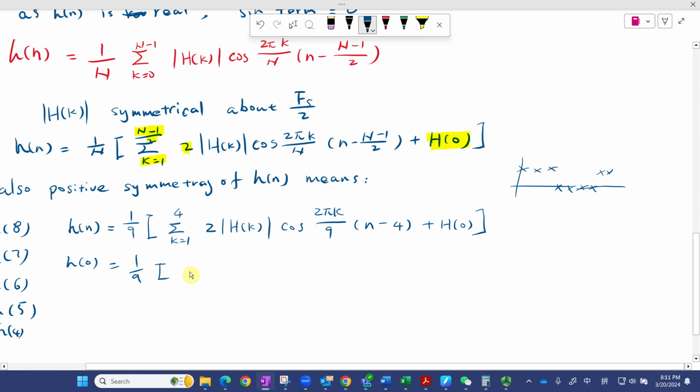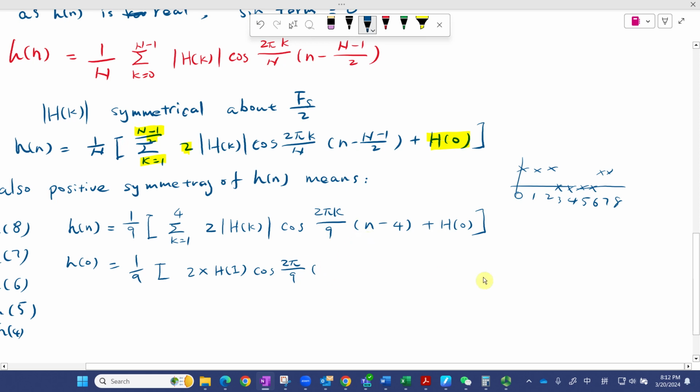So for k equal to 1, we got a 2 multiplied with Hk, H1, and multiply with the cosine 2 pi k, equal to 1, over 9, and n equal to 0.